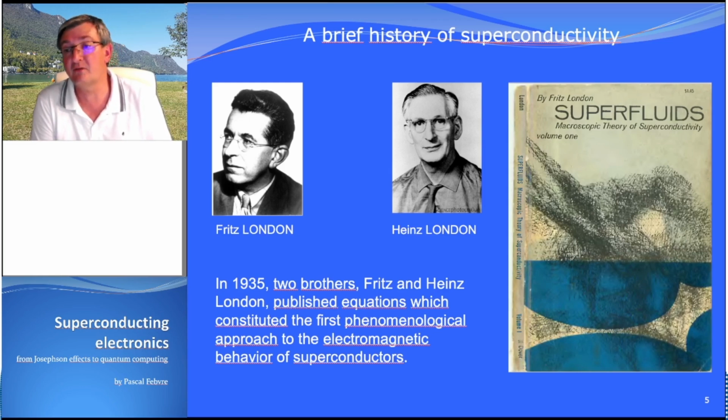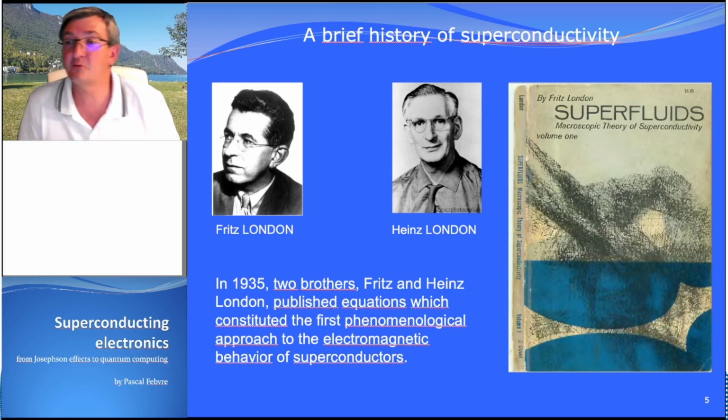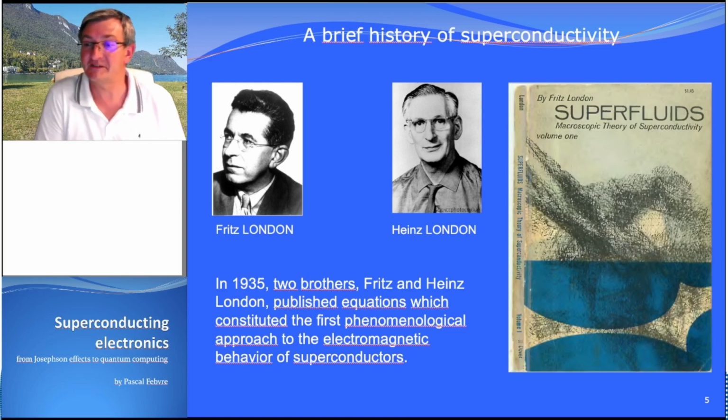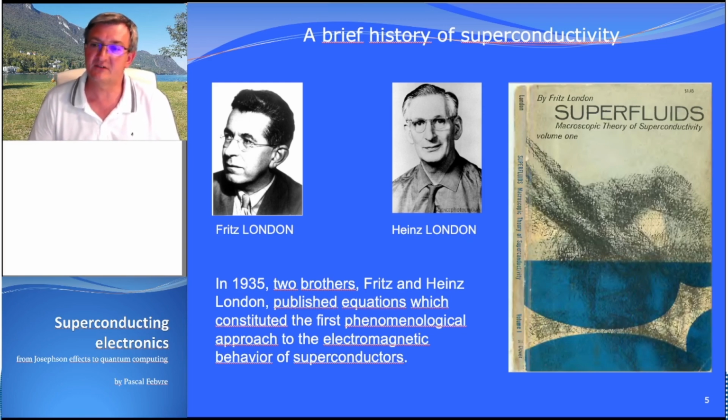It shows superfluids, macroscopic theory of superconductivity. At this time it was $1.45, but I don't know if you can still find it easily now, but probably not for this price. Anyway, it's a very interesting book. It's written a bit in the same way as the Feynman lectures, so it's very pleasant to read.